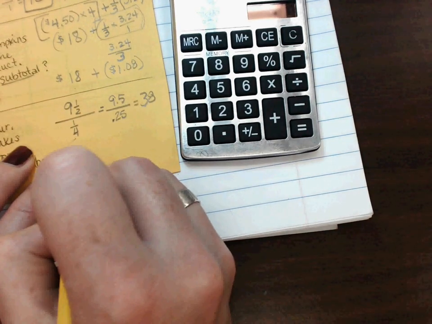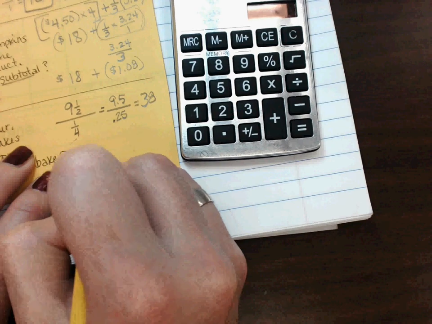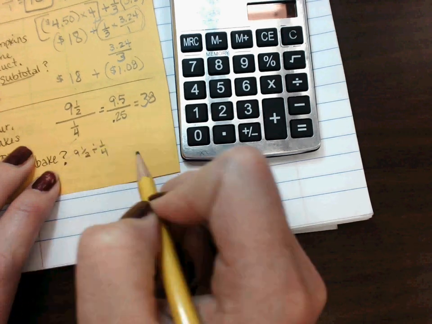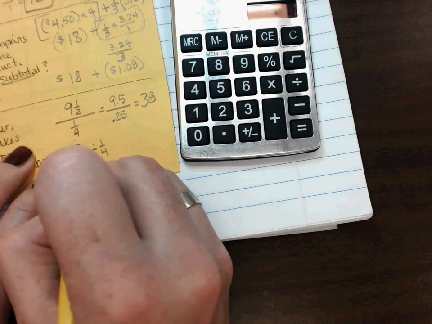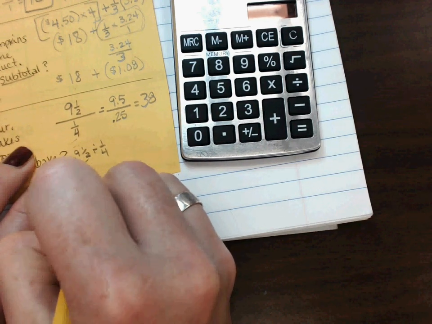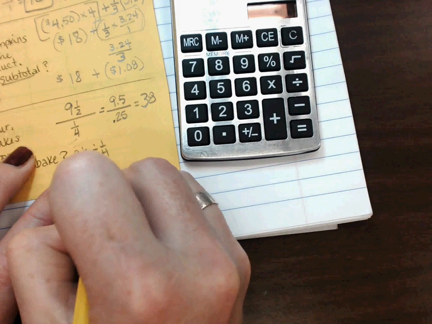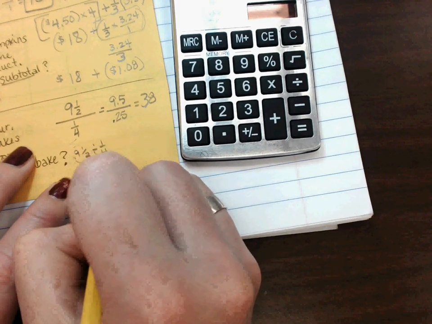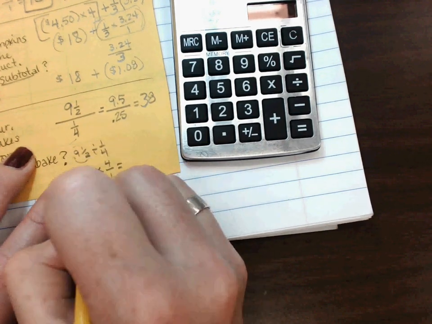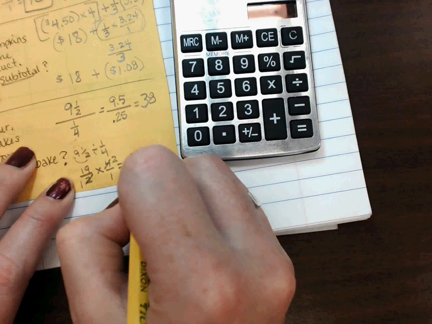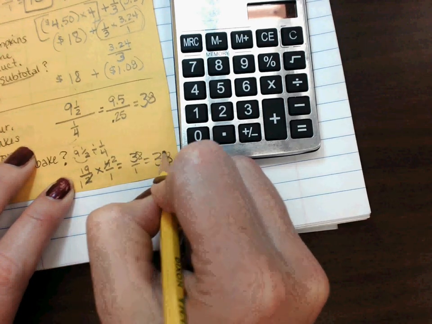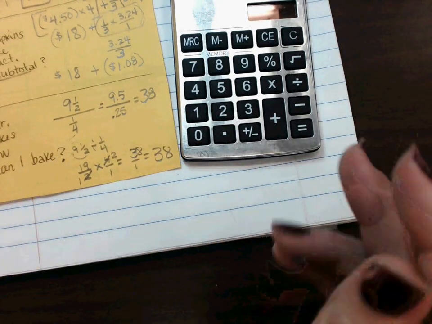You could have also said 9.5 divided by 1/4, and then said 9 times 2, or 2 times 9 is 18, plus 1 is 19 over 2. Change that to times, flip this around, multiplying the reciprocal, simplified, and gotten 38 over 1, or 38. 2 ways to work that problem.